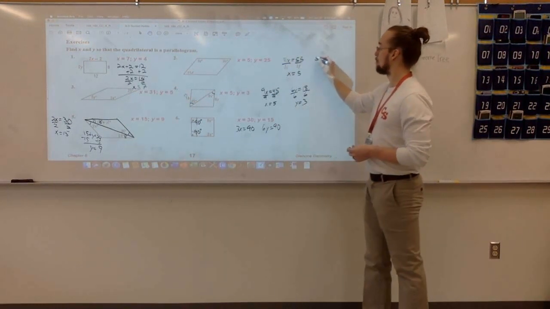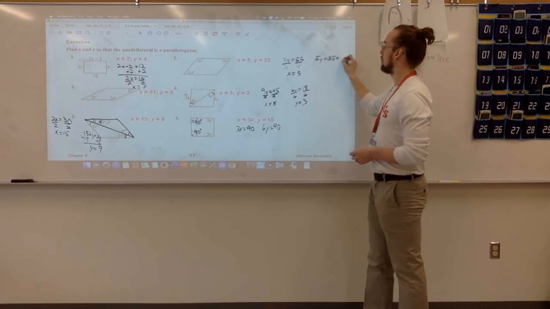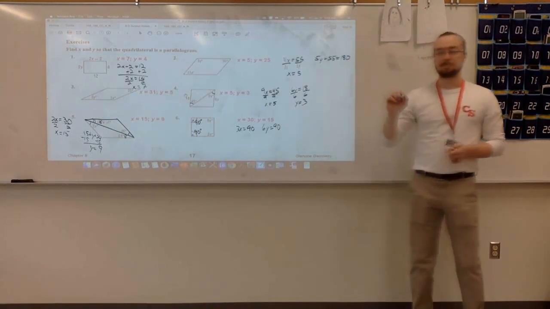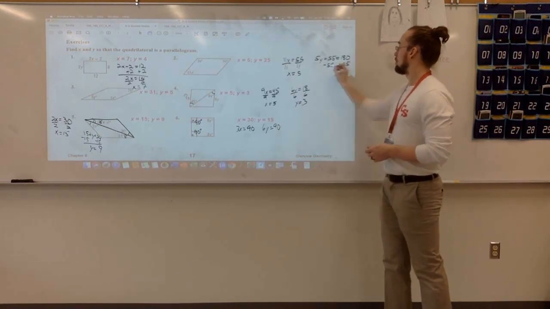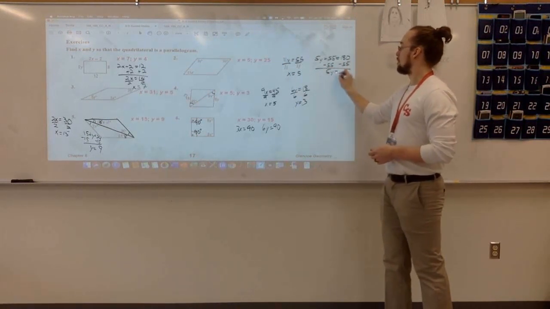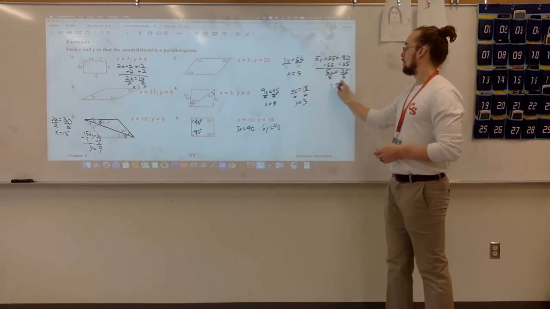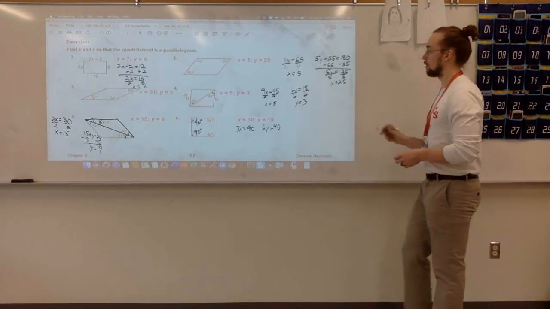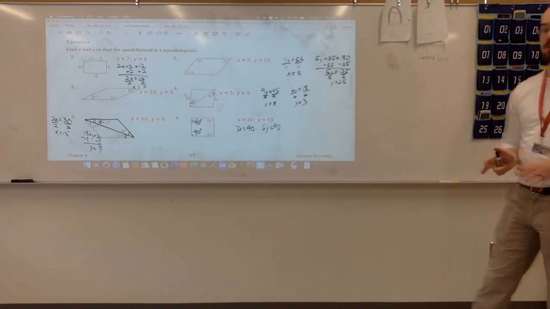So my setup to solve for y would be 5y plus 55 equals 180. Subtract 55 over. Get 5y equals 125. Divide by 5. That's how we get y equals 25. Questions?